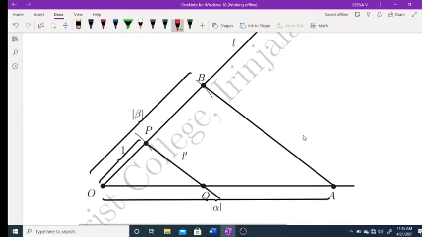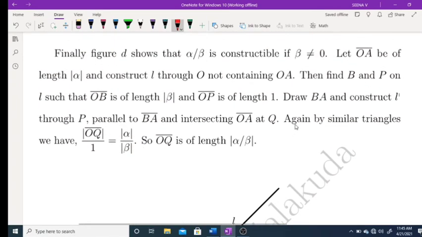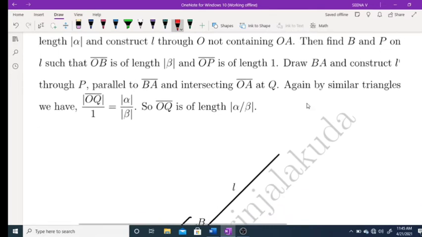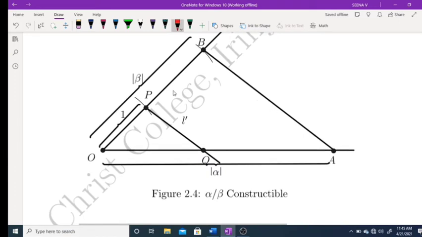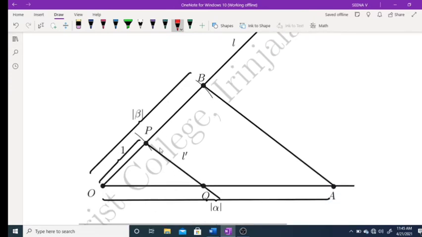Then draw BA. Earlier we drew PA; now we are drawing BA. Then draw a line L dash through P parallel to BA, which intersects at Q.